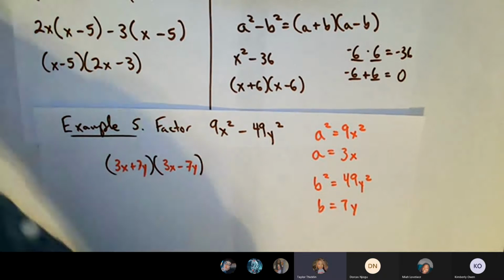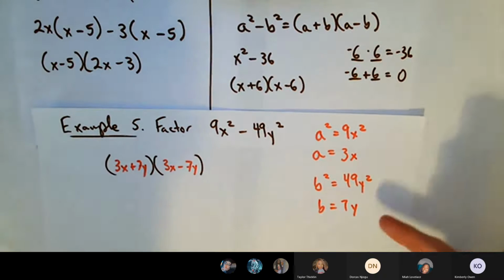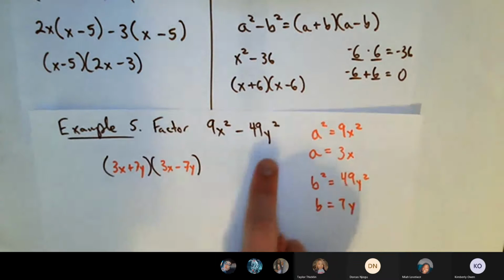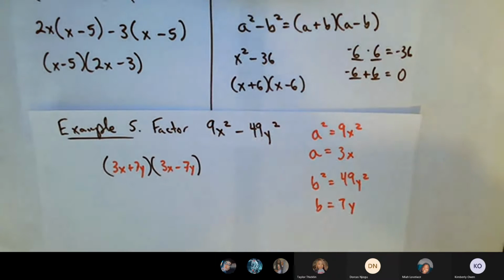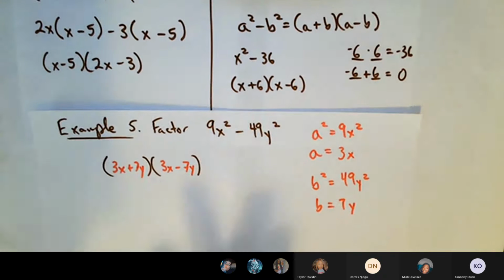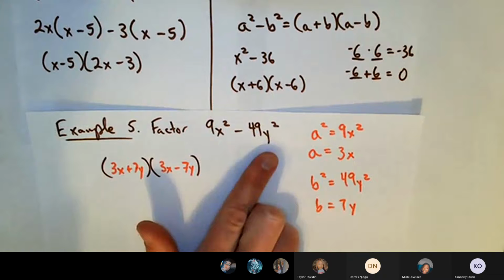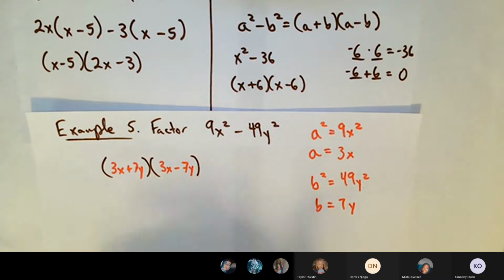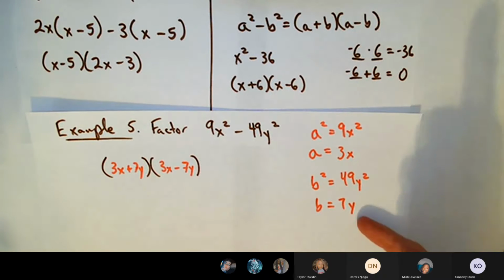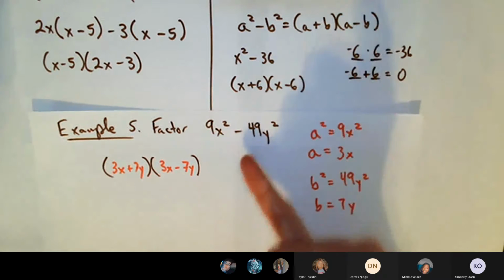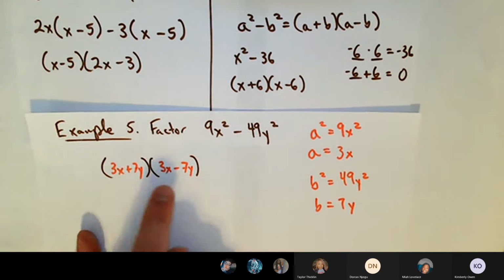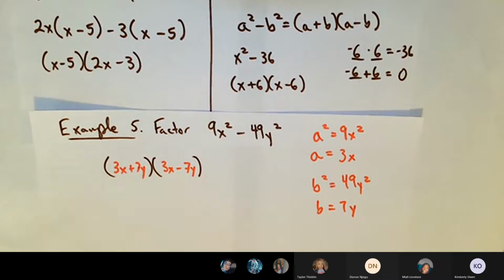So once we recognize them as a difference of perfect squares, which is pretty much always going to be easy to recognize because they only have two terms and it's a difference, and usually perfect square numbers will jump out at you, then your job is to figure out what the a and b are, what the roots of each of these terms are, and that's what gets plugged in here.